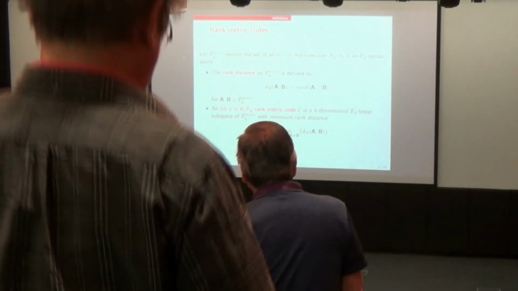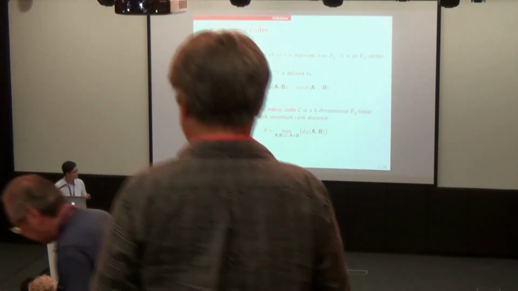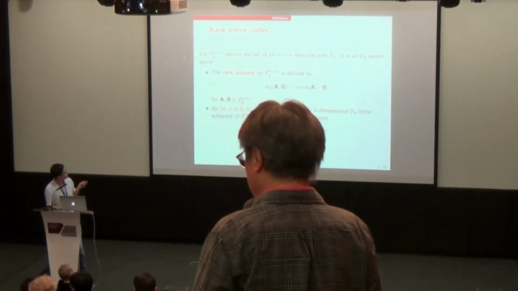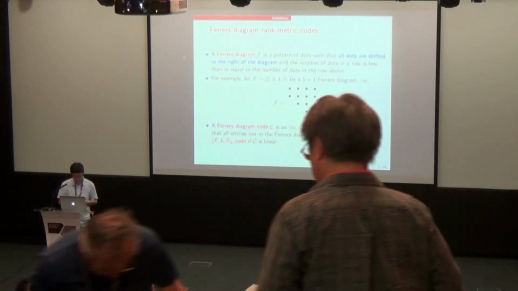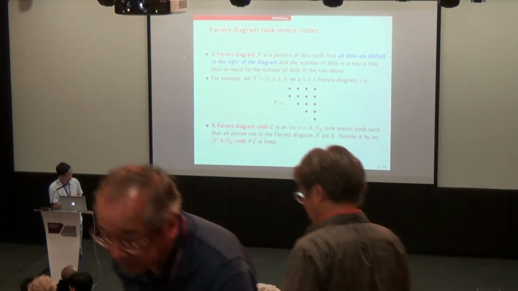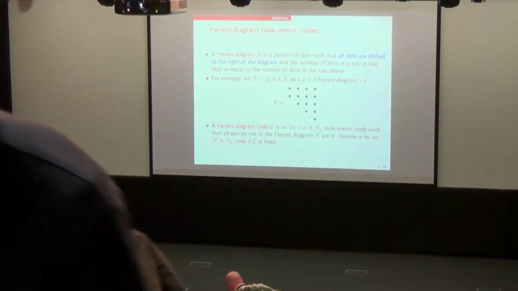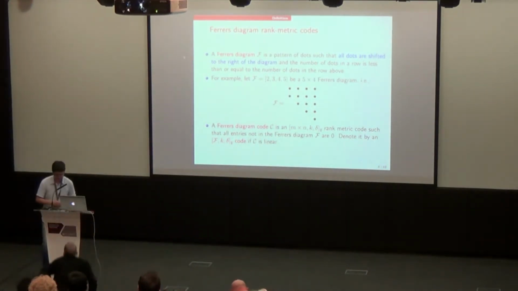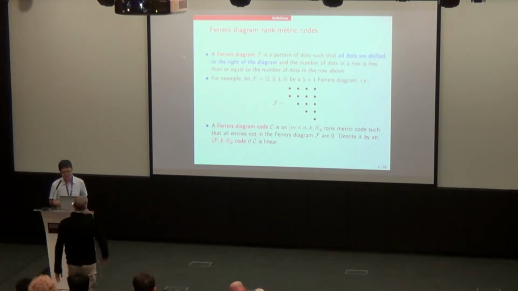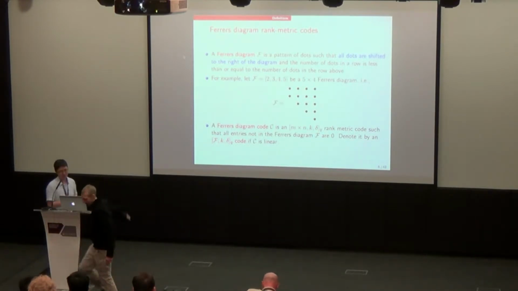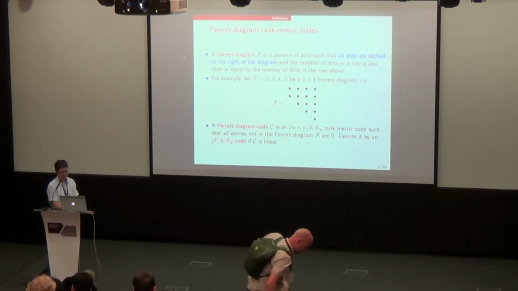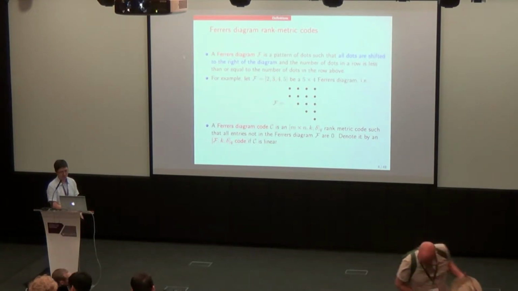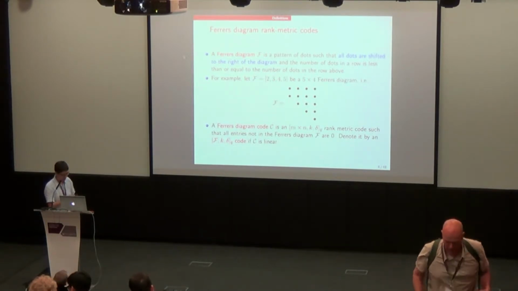What is a Ferrers diagram rank metric code? It's a special kind of rank metric code. A Ferrers diagram F is a pattern of dots such that all dots are shifted to the right of the diagram, and the number of dots in a row is less than or equal to the number of dots in the row above.